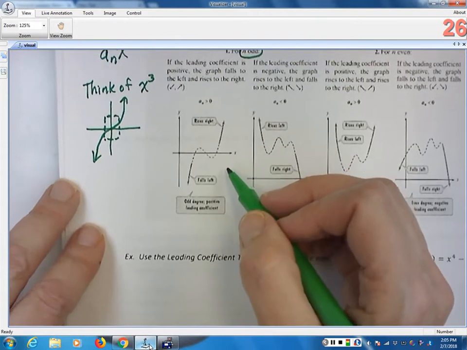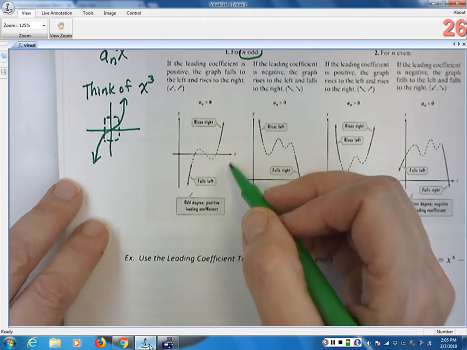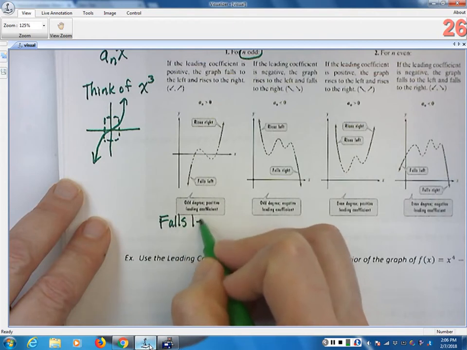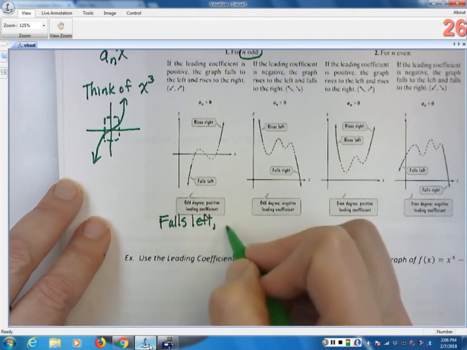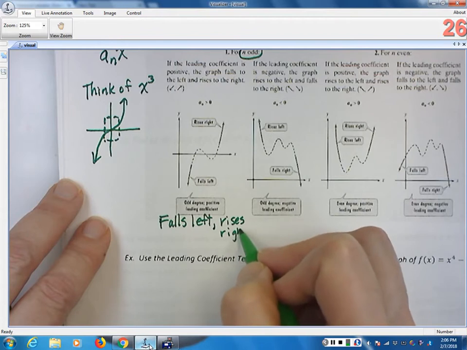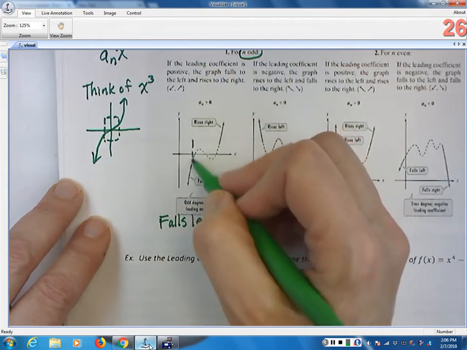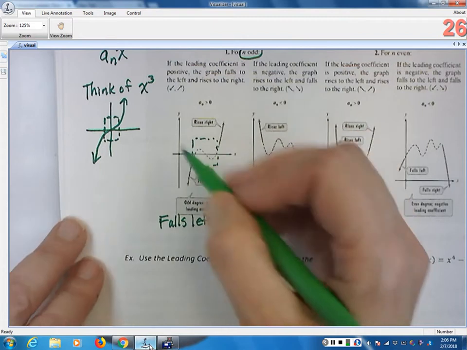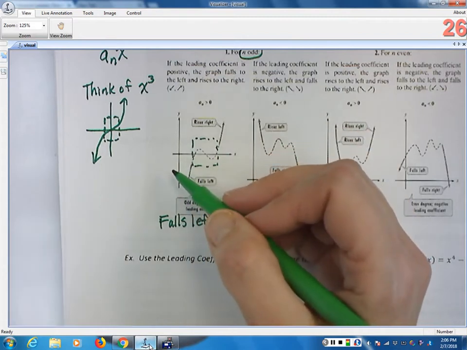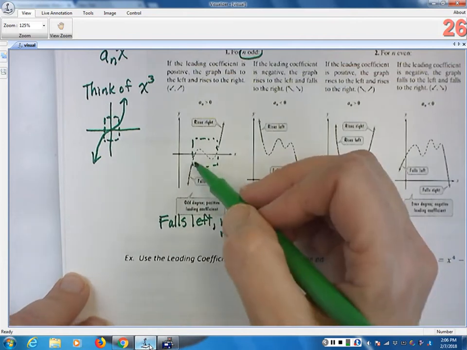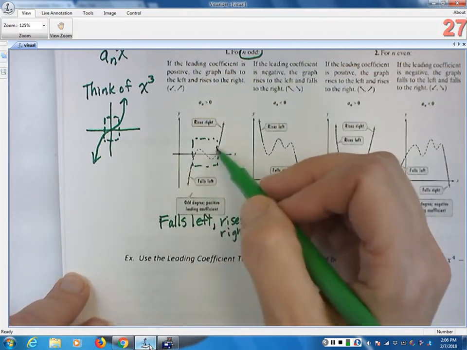So end behavior here, we're going to say it falls left, rises right. To the left of the leftmost 0 it's falling, to the right of the rightmost 0 it's rising.